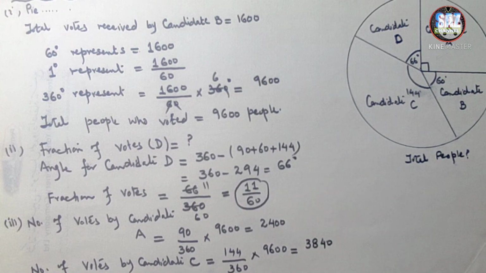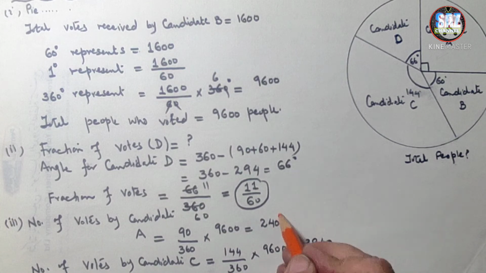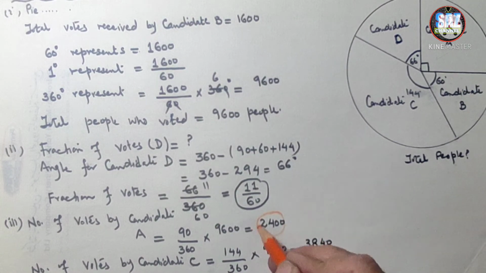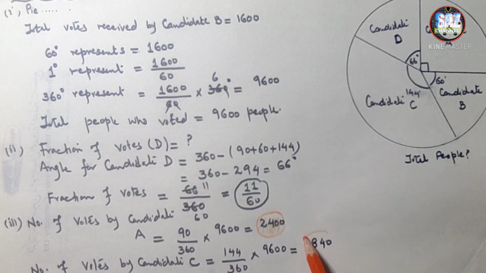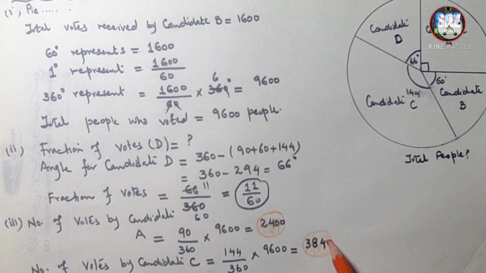Now look students, candidate A is receiving 2400 votes, and candidate C is receiving 3840 votes. Now let me read the question again, how many more votes.